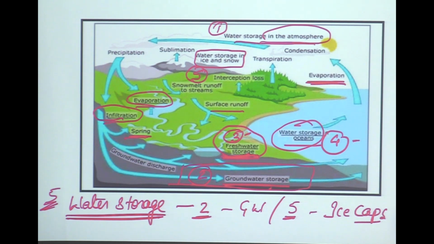So, those 3, ocean, freshwater and atmosphere, are not relating to what we call delayed hydrological cycle. Where do we apply delayed hydrological cycle? Delayed hydrological cycle is correlated with groundwater and ice caps.